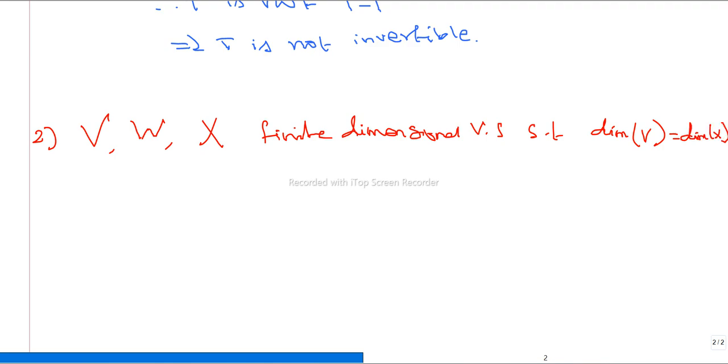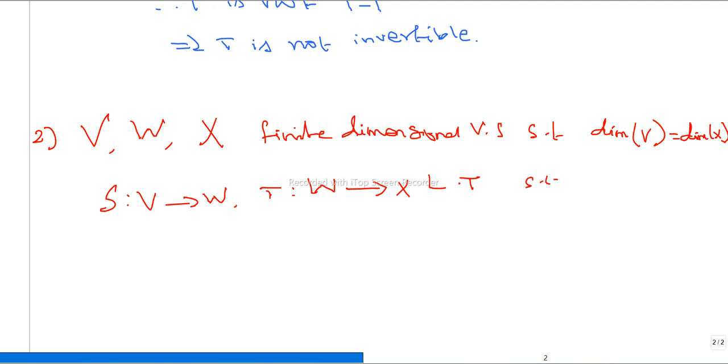Suppose both dimensions are equal, it is given, and suppose S is a linear transformation from V to W and T is a linear transformation from W to X. These are all linear transformations. What is the condition between S and T?